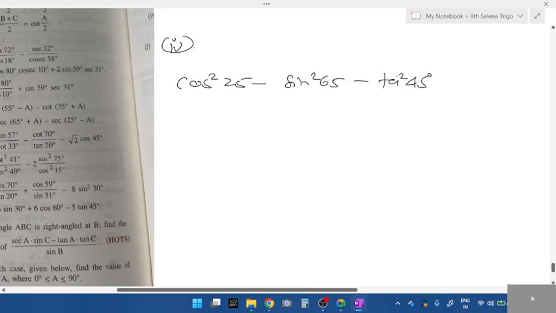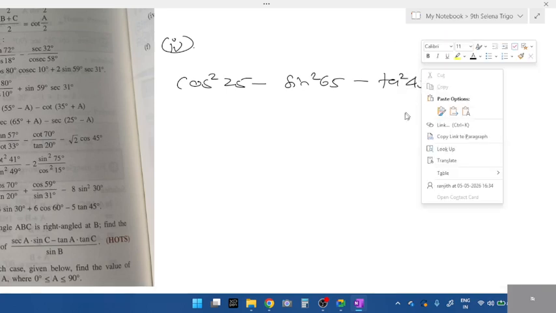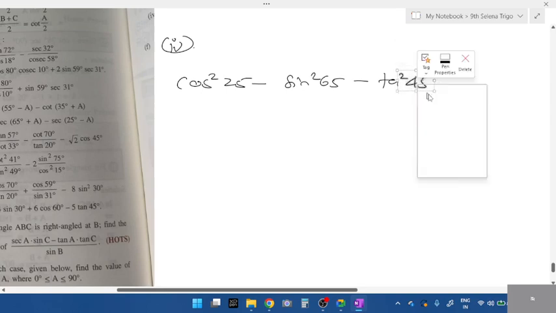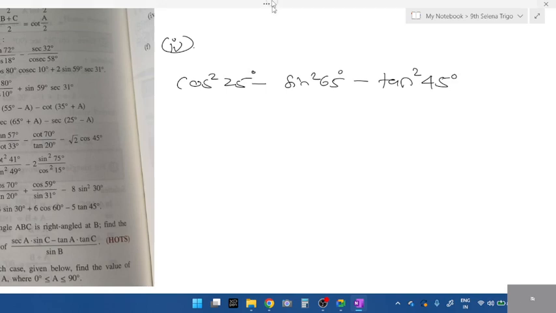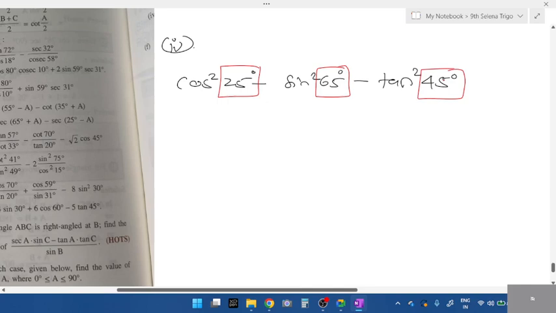See, which one do we need to use the table for? You tell me that. Tan 45, right? 25 is given, 65 is given. Which one is there in the trigonometry table? 45.